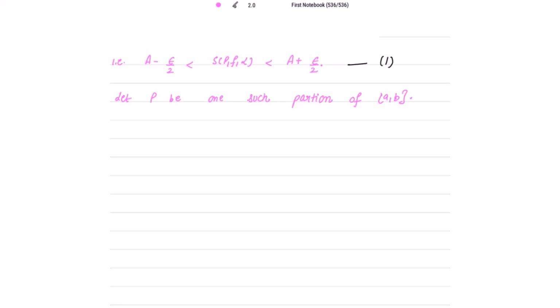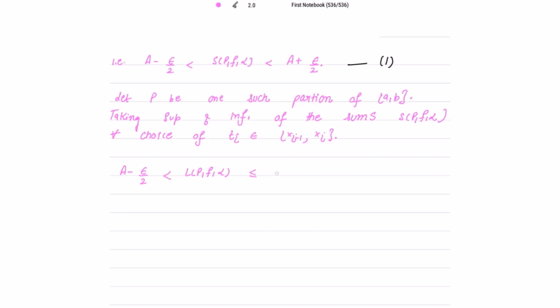Now taking the supremum and infimum of S(P, f, α) over all the choices of t_i, from (1) we get A minus epsilon by 2 is less than or equal to L(P, f, α), which is less than or equal to U(P, f, α), and this is strictly less than A plus epsilon by 2.